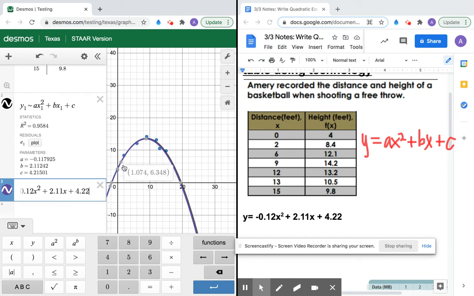And it's not going to be exact because the equation we came up with is based on the information from our table.